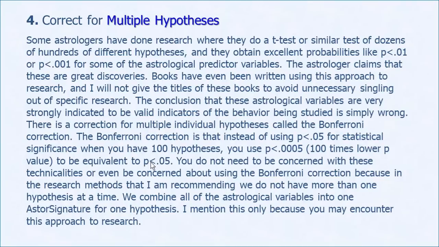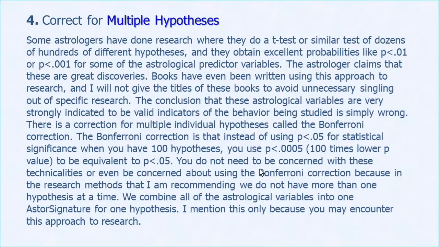And in order to get a 0.05, you have to get a 0.0005. 100 times smaller is actually equal to 0.05. Okay? If you didn't follow that, maybe I didn't explain it very clearly.